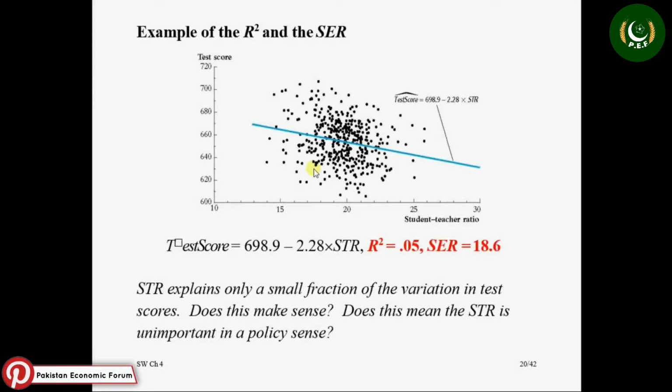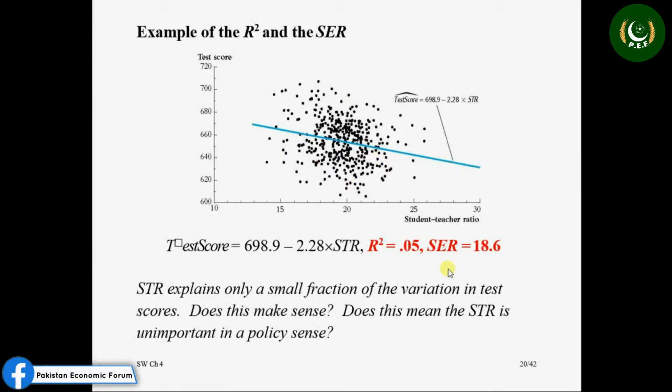So look here, the last slide of this video. Test score equals 698, that is your intercept. The intercept has no economic interpretation here, minus 2.28 times student-teacher ratio, that is class size. R-square is 0.05. Standard error of regression, the spread around this regression, is 18.6. What does this mean? R-square is very low.